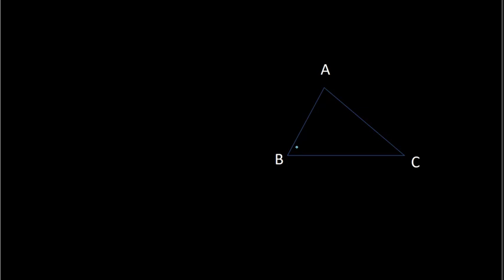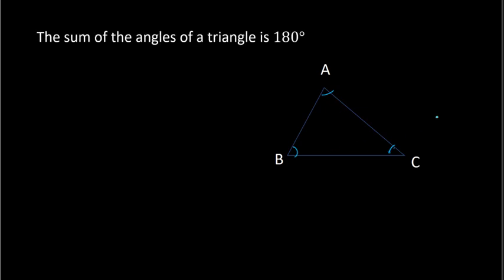Now with the triangle, if you look at the angles of the triangle, here we have this angle, and this angle. With any triangle, if you add all 3 angles together, the sum will equal 180 degrees.